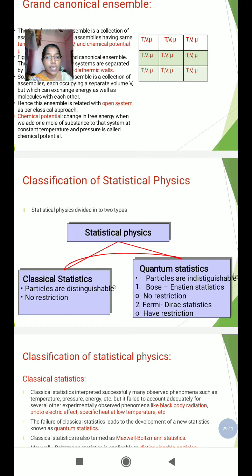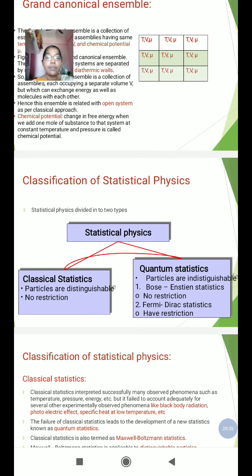But in the case of Fermi-Dirac statistics, all the particles are identical and indistinguishable, but there is a restriction: every state can be occupied by only one particle. Let's see in the next slide what the conditions of Bose-Einstein statistics and Fermi-Dirac statistics are.